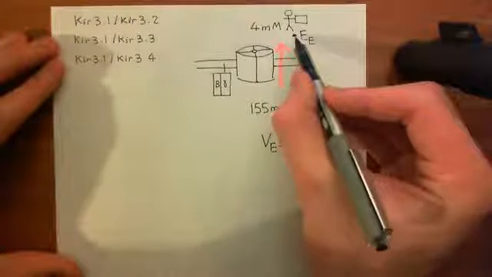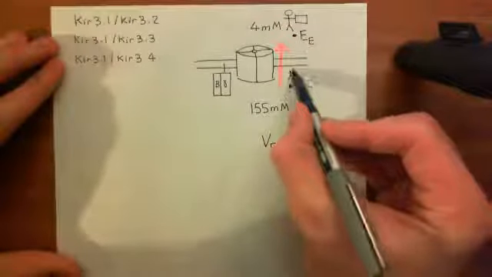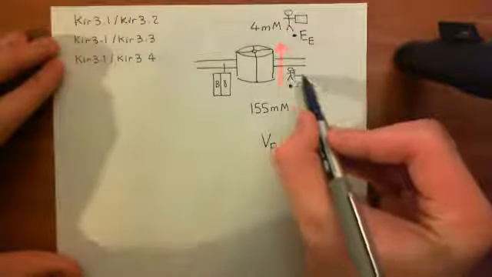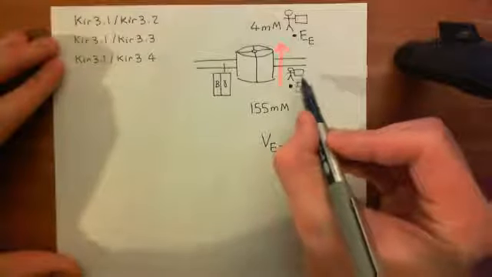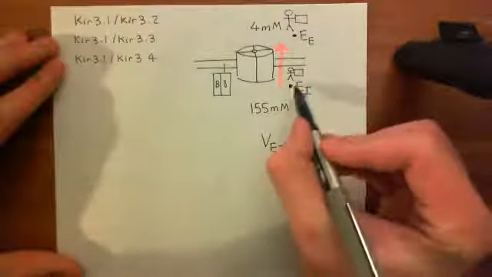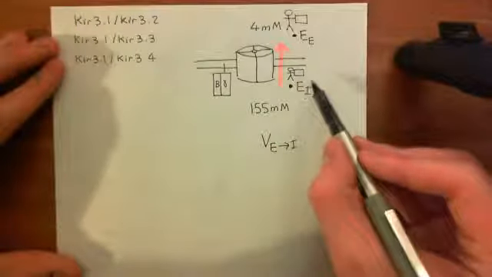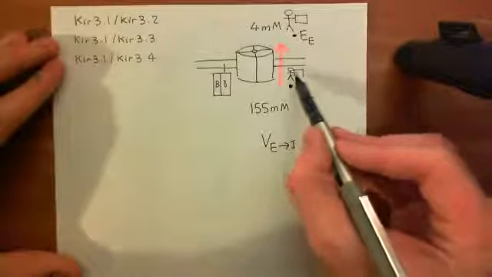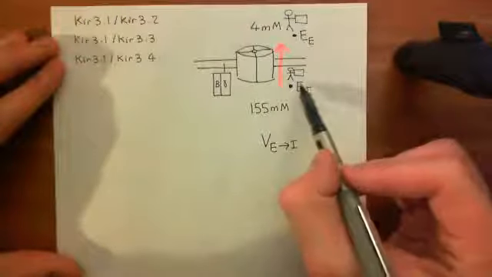Now let's say he moves from the extracellular compartment to the intracellular compartment, and he gets a new number on the machine. The electrical potential difference from extracellular to intracellular means how much does this number change when he moves from extracellular to intracellular.